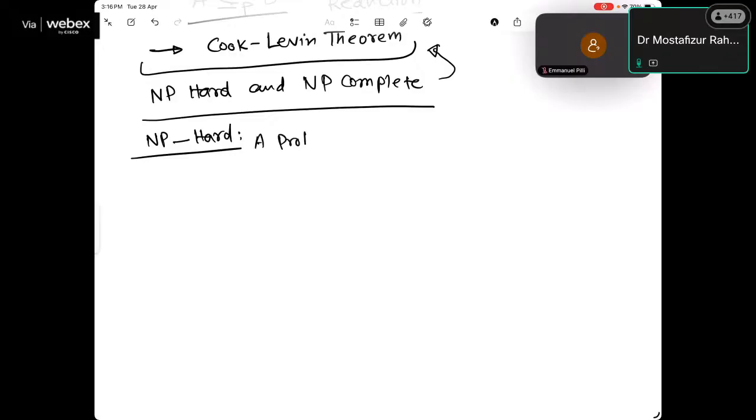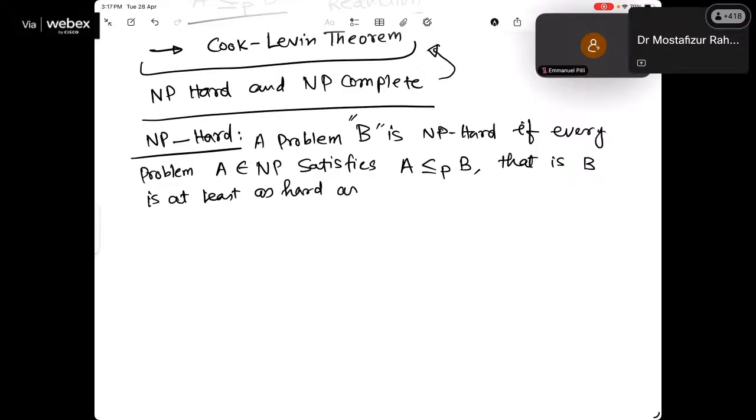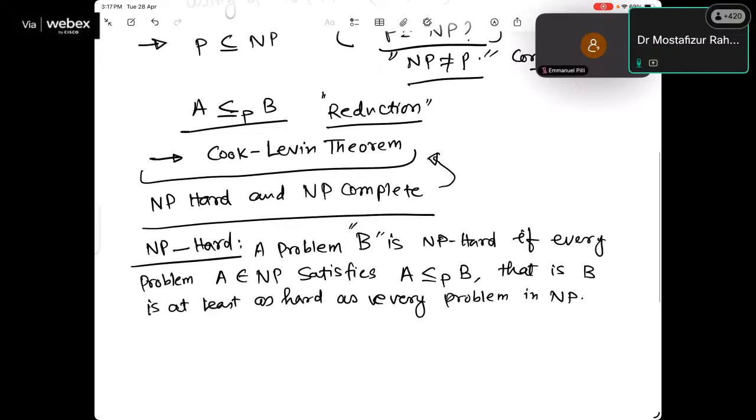A problem B is NP hard if every problem A that belongs to NP satisfies that A is polynomial time reducible to B, that is, B is at least as hard as every problem in NP. Right. So yesterday we had seen only two particular categories.